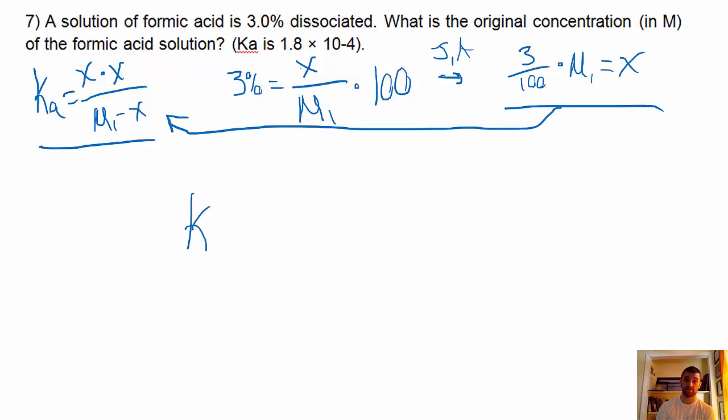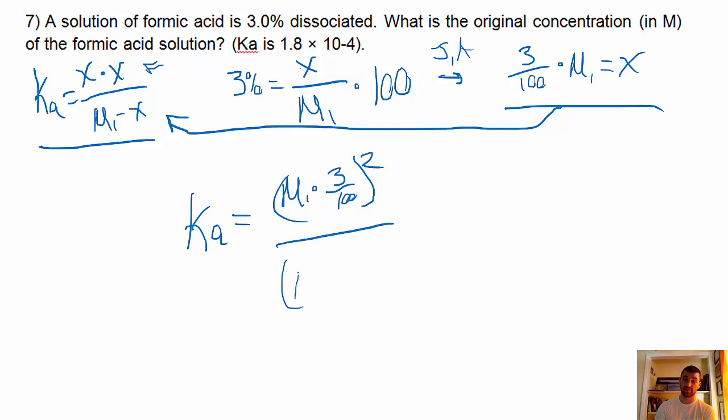So now you get Ka equals M1 times 3 over 100 squared, right? That's the top right here, all over the amount that I started with minus X. Again, X is M1 times 3 over 100. Now, let me combine like terms.